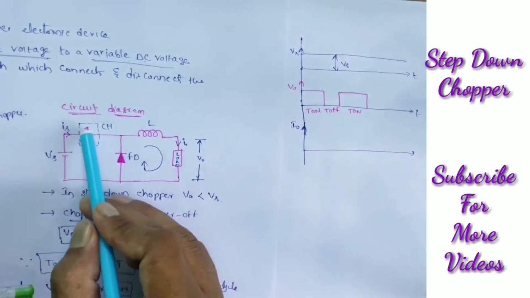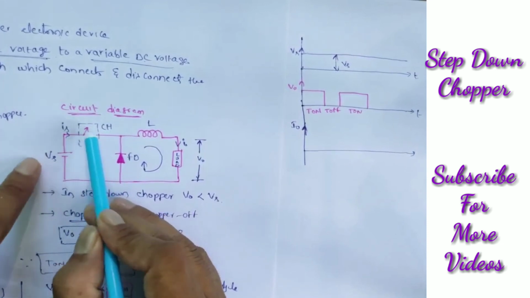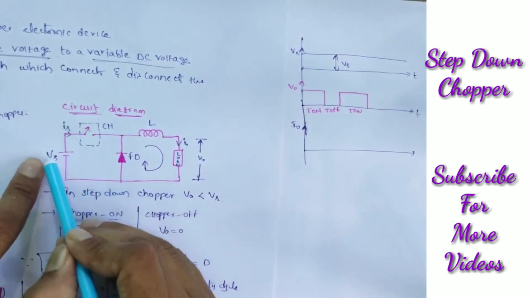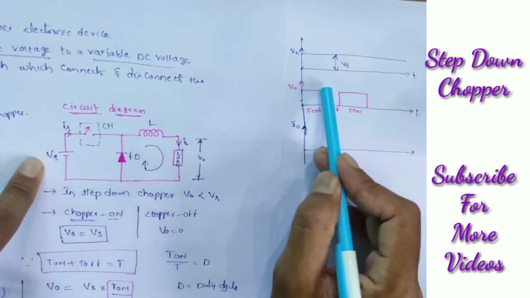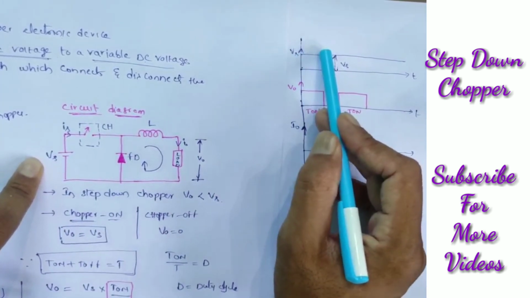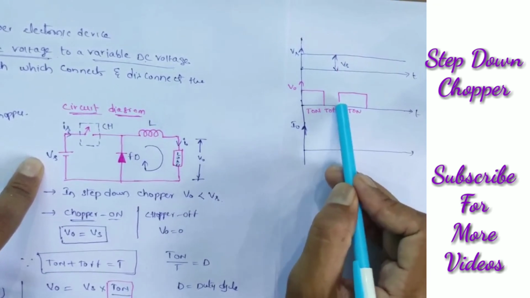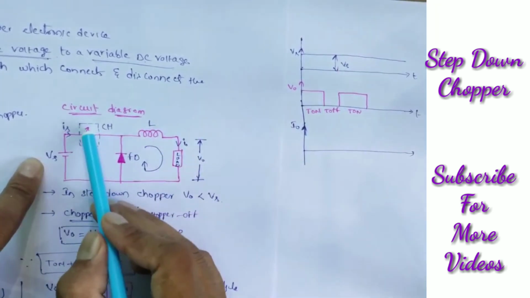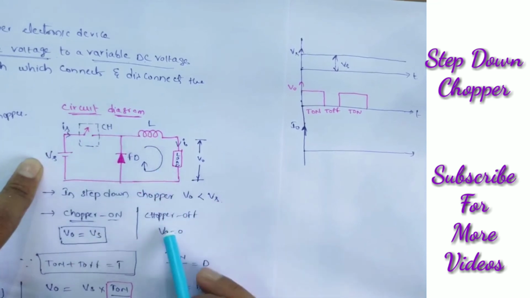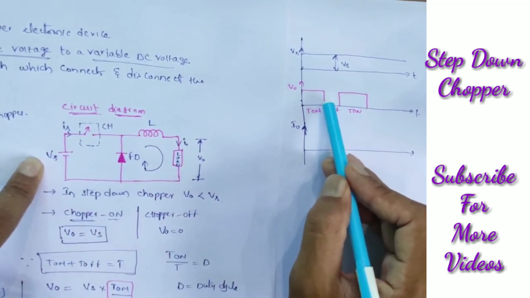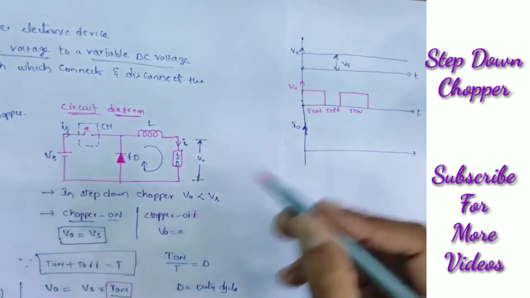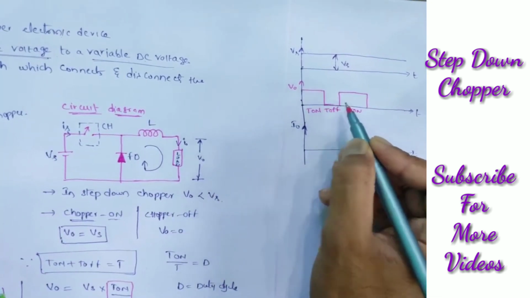During the T on, as I already told, when the switch is in on state, Vs equals V naught. So the output voltage equals the supply voltage. Then during the T off, when the switch is in off state, the output voltage equals 0.